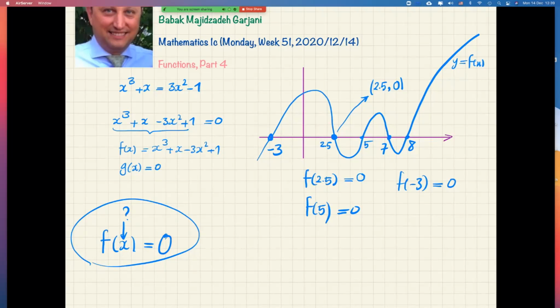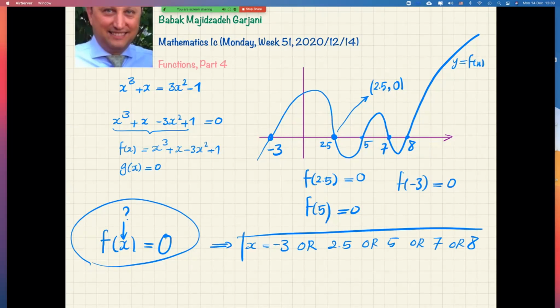What are those values of x according to the picture? Yes, -3, 2.5, 5, 7, 8. Exactly. So immediately you can conclude that x is -3 or 2.5 or 5 or 7 or 8. These are the numbers that I want to find by looking at this picture.